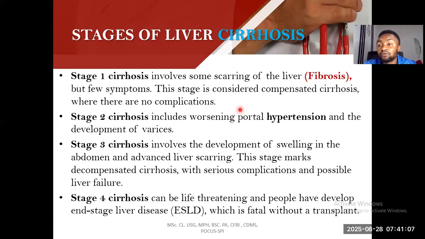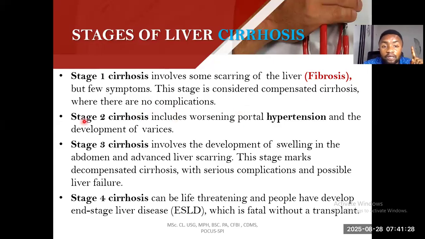There is nothing anybody can do. The only thing we do is drain some of the fluid for you to be able to breathe well. But we know that whatever you do, you die. It may not be that same week or same month, but you die subsequently. It wouldn't take long.